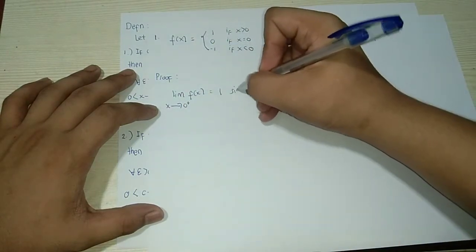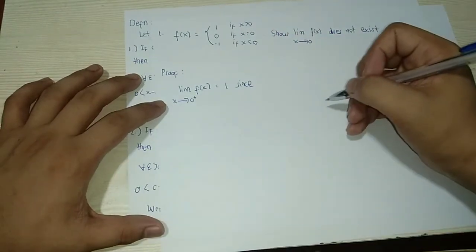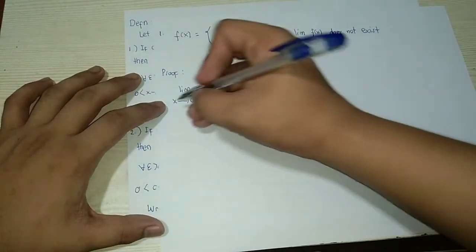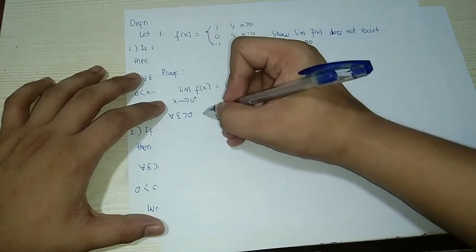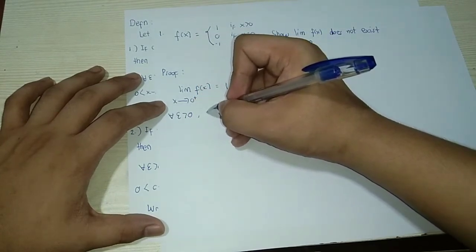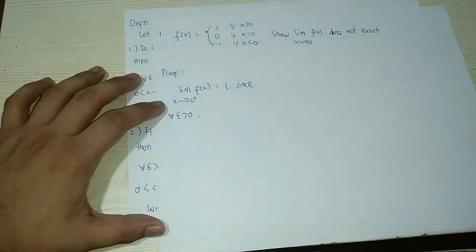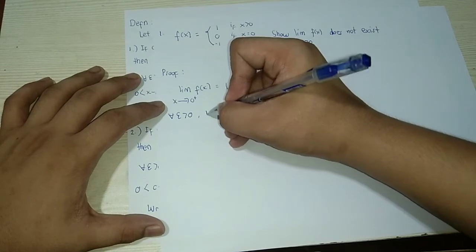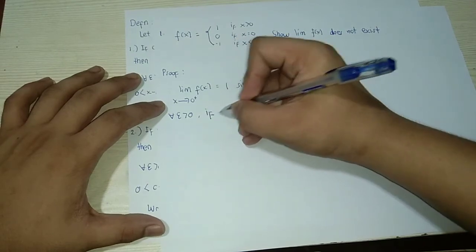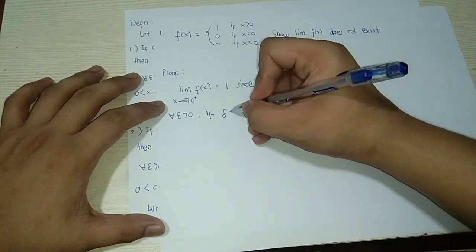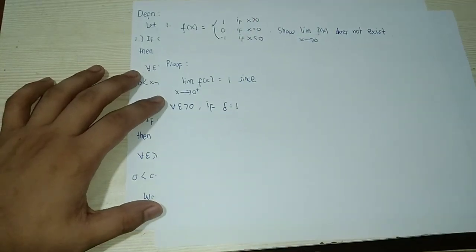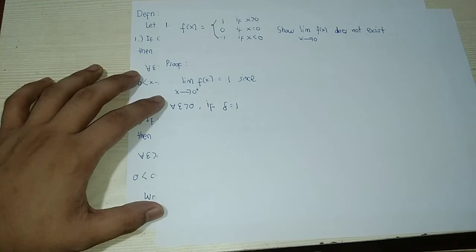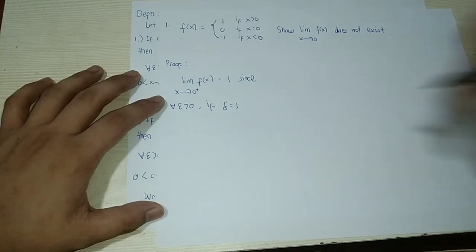Why? By the definition of the right-hand limit, for all positive epsilon, let's choose a value of delta. Let's say delta is 1, since the definition says there should exist a delta.